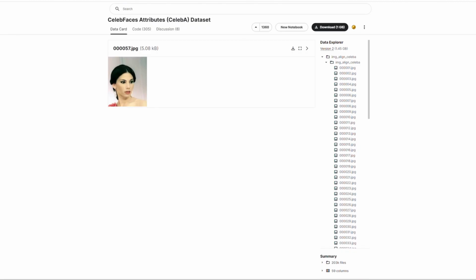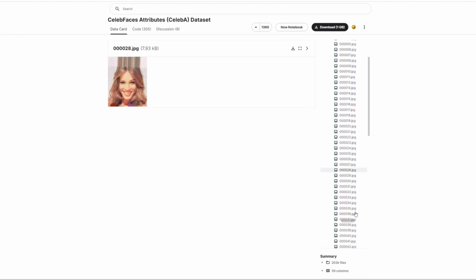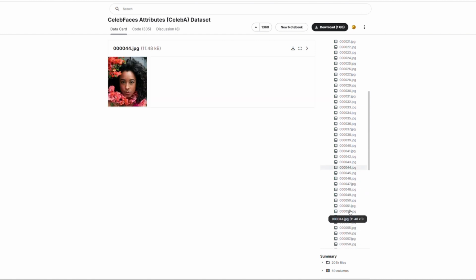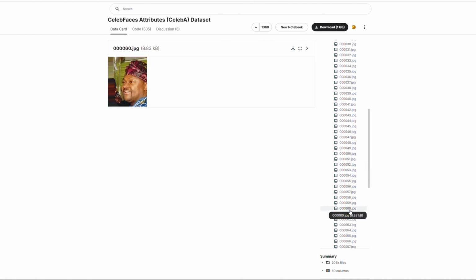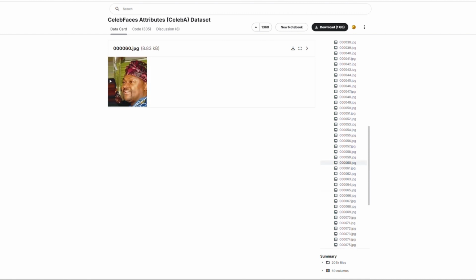Size and shape of these files. They look to be pretty consistent. There's some errors. I'm noticing an error there. Some errors there. This looks like it might be censored or cropped. So this is something that takes a little critical thinking when you're looking at these images.